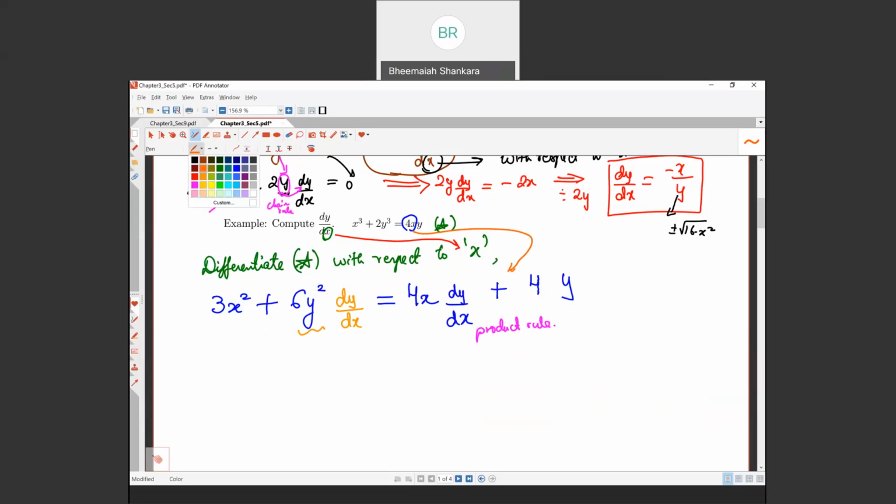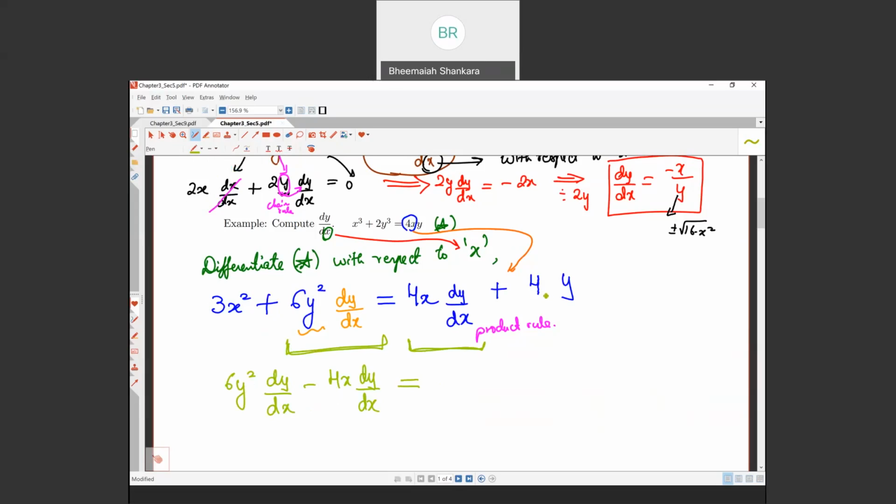Now we are asked to find dy over dx. So let's try to group the dy over dx terms. We have two terms here with dy over dx, one here and one here on the right. So move all the dy over dx terms to one side. So this is negative 4x dy over dx. I'm moving the 4x term to the left, so it becomes negative.